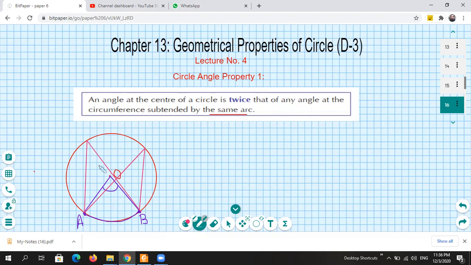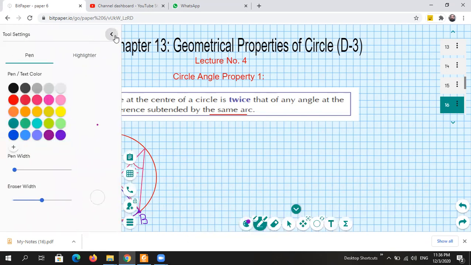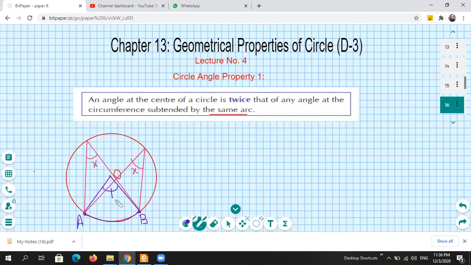So we have two angles, this angle and this angle. If this angle is x, this angle will be x as well, we will study in the next property. Then the angle at center will be double of the angle at circumference. If this is x, it should be 2x.